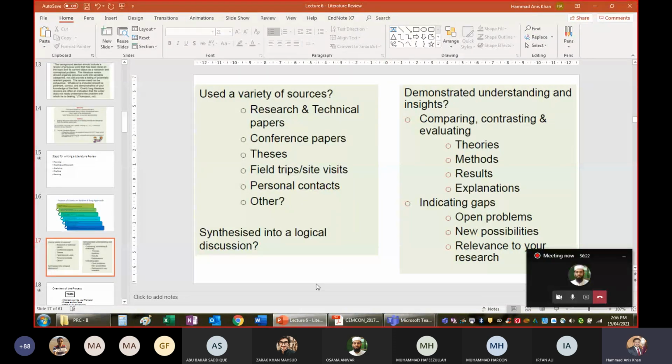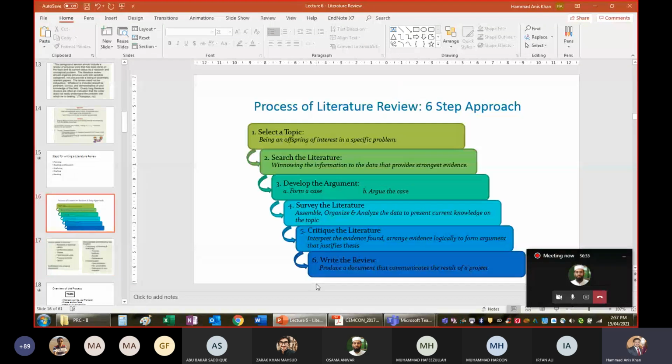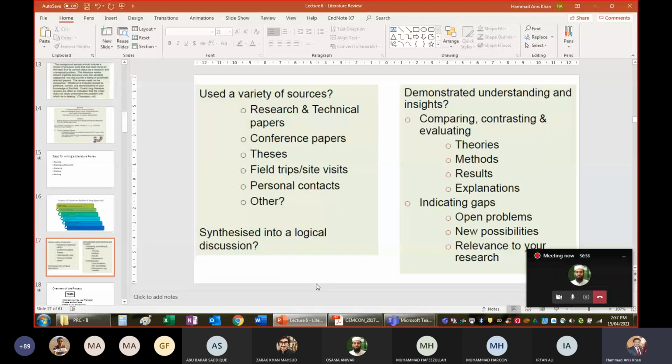Okay, so I was talking about the literature review steps, which include certain points. After that, use a variety of sources. So what are the sources which you can use? Number one, research papers, technical papers, conference papers, theses, reports, personal contacts, or whatever.